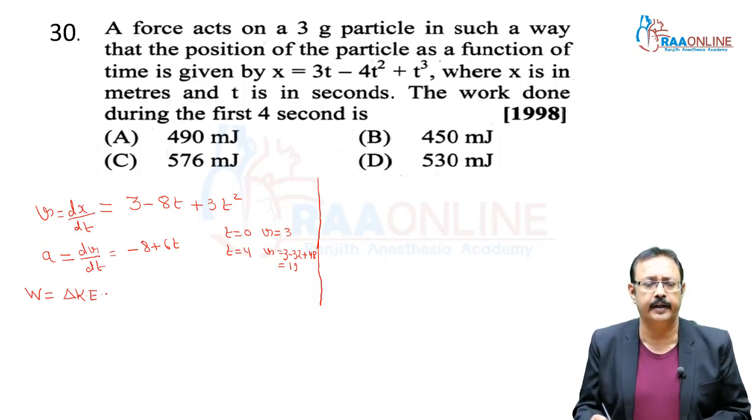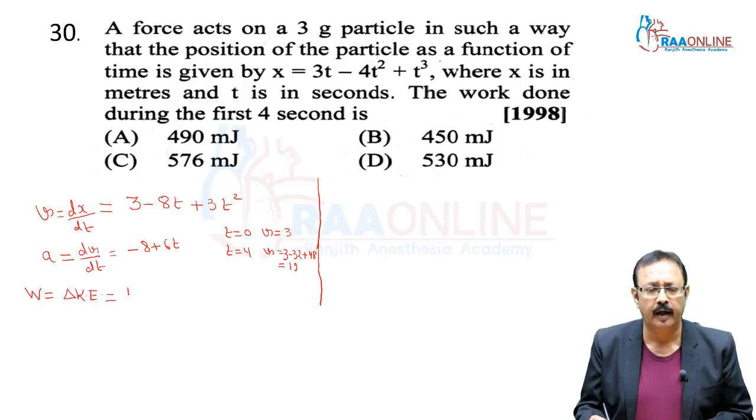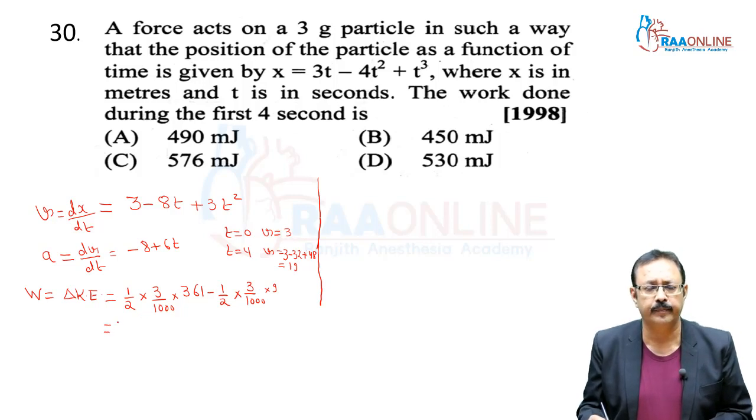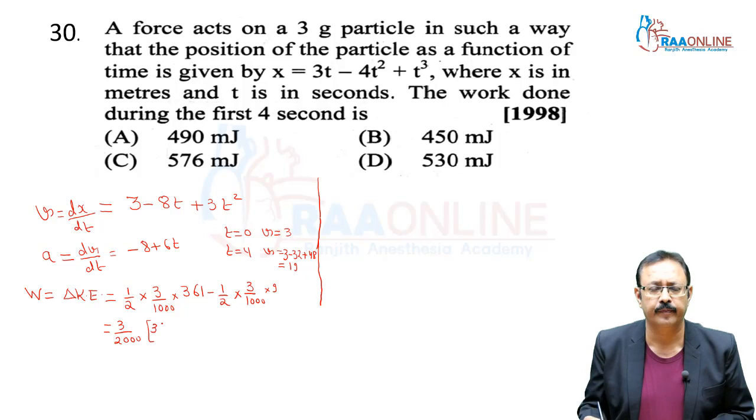So what is the change in kinetic energy? Half m v square: 19 square is 361, and initially it was half m times 3 square, which is 9. Take 3 upon 2000 common, 361 minus 9.